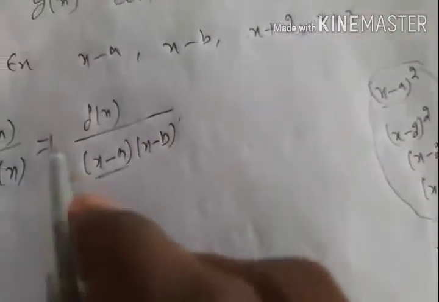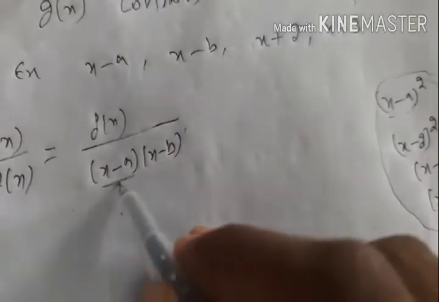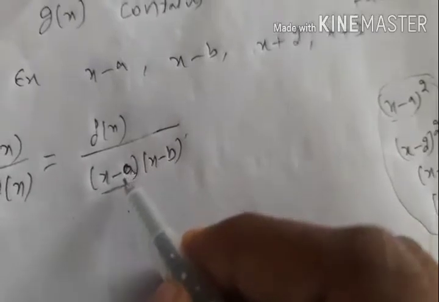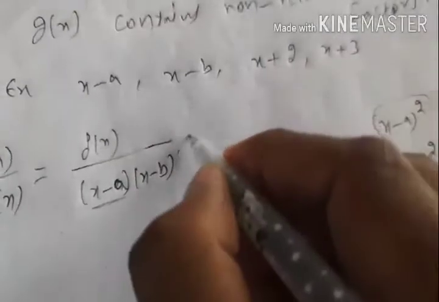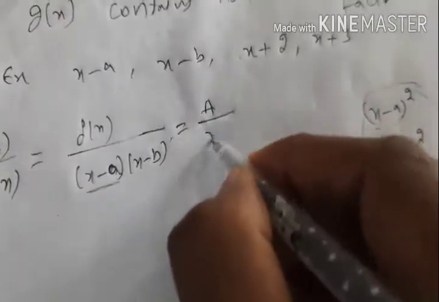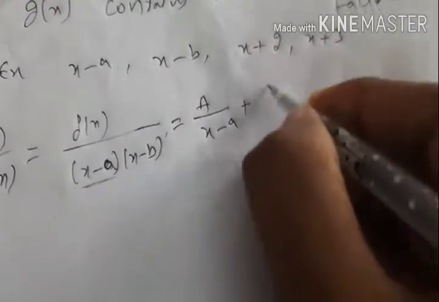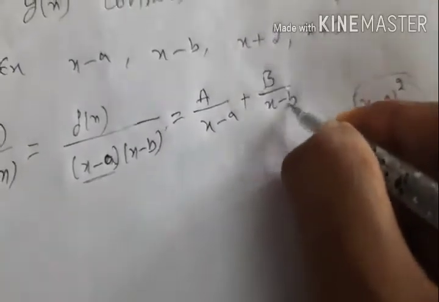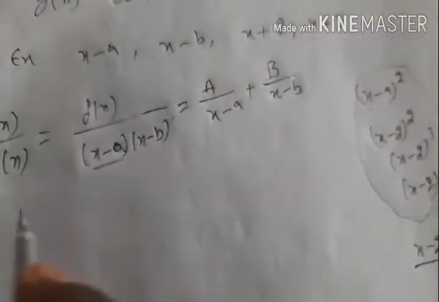If the given fraction is f of x by (x minus a)(x minus b), where g of x has two non-repeated linear factors, then we take some constant A by x minus a, and the second one is B by the second factor. It is the first step in partial fractions.